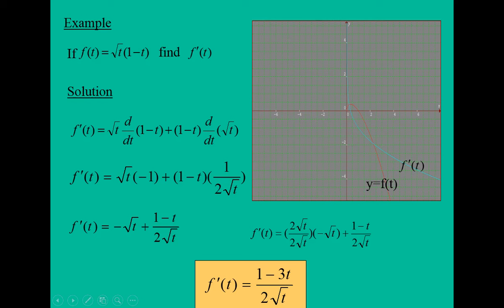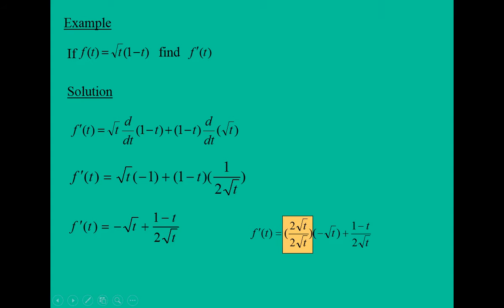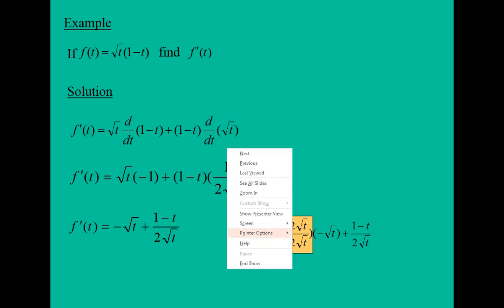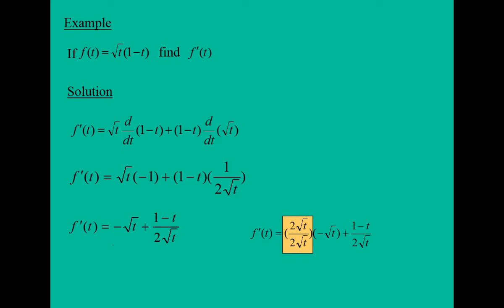Now, there's one thing I want to show you on this particular problem. We could have approached this problem differently. We could have rewritten this as the square root of t minus the square root of t times t.